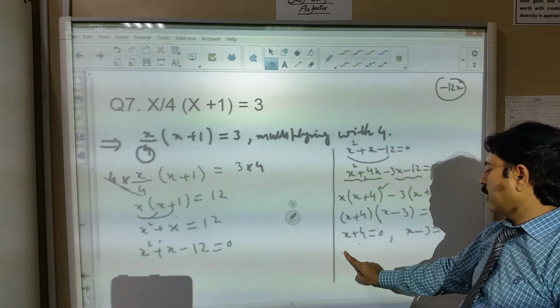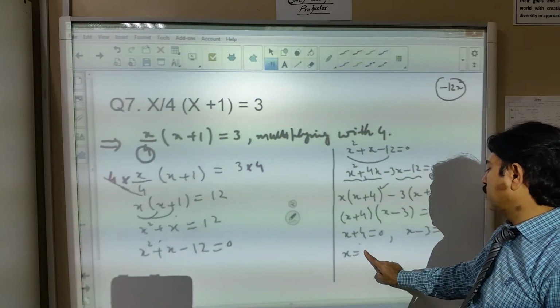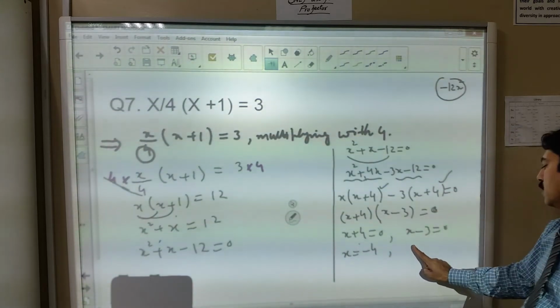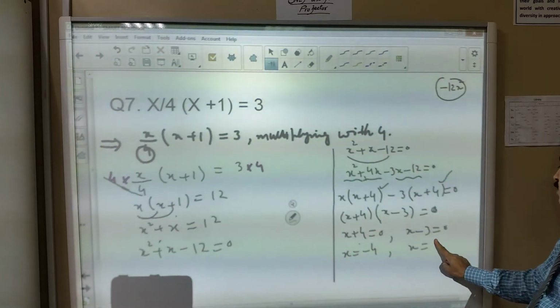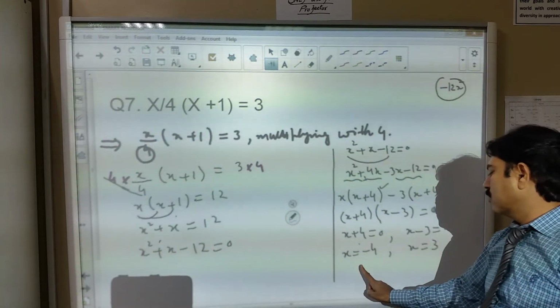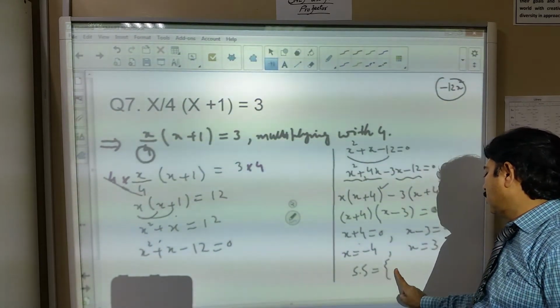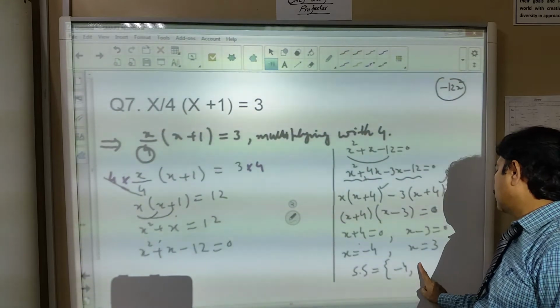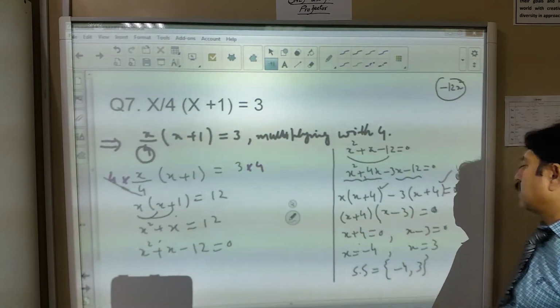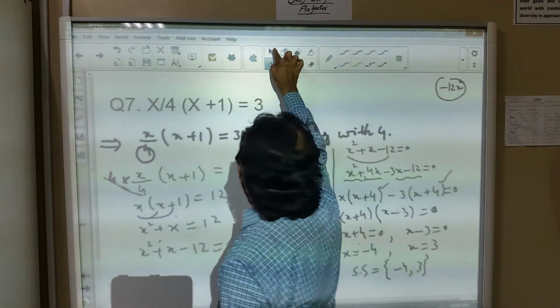This means x is equal to minus 4 and x is equal to plus 3. So now your solution set is minus 4 and 3. Okay, come to the next question.